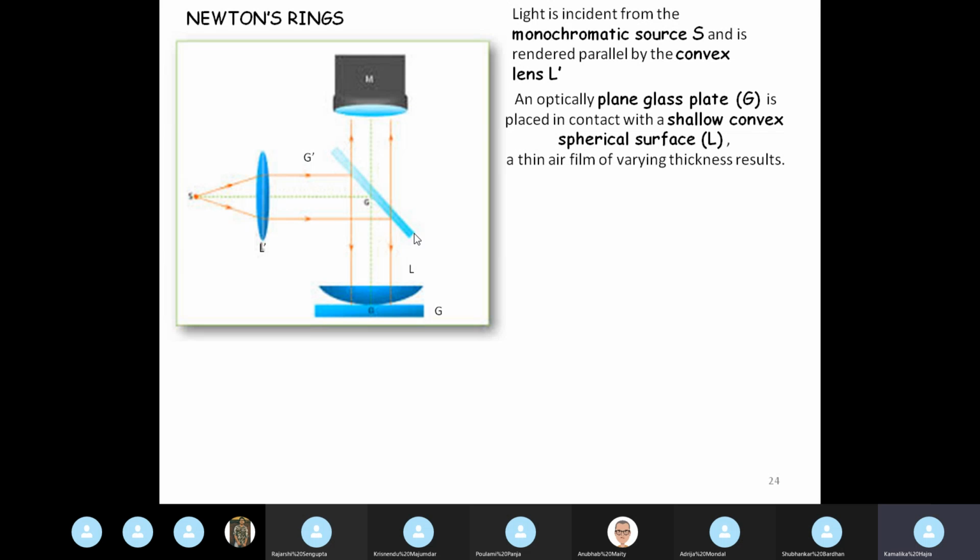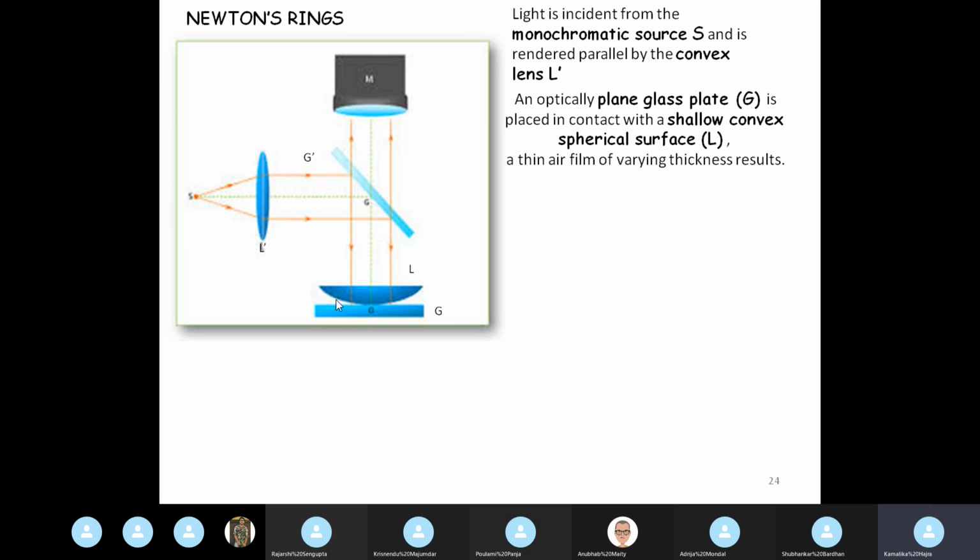If you can see this blue sheet of glass, then this is a plain glass plate G. Please look at my cursor. This is G. I would ask you to look at the larger alphabets, because this picture is taken from the internet and they have their own namings, so please follow the namings that I have labeled. All right. So this is an optically plain glass plate G, and it is placed in contact with a shallow convex spherical surface L. Can you see this L?